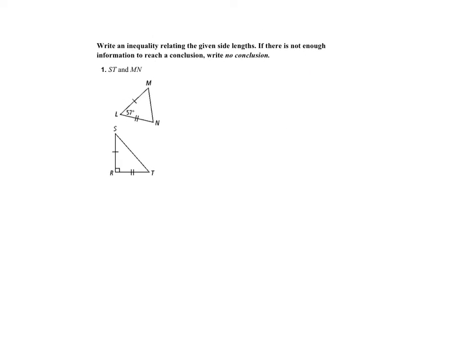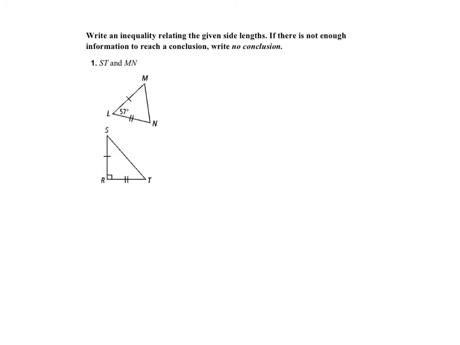First one says write an inequality relating the given sides. If there is not enough information to reach a conclusion, write no conclusion. So this one, I know that LM is congruent to RS, and LN is congruent to RT. So now we're going to compare the sides.